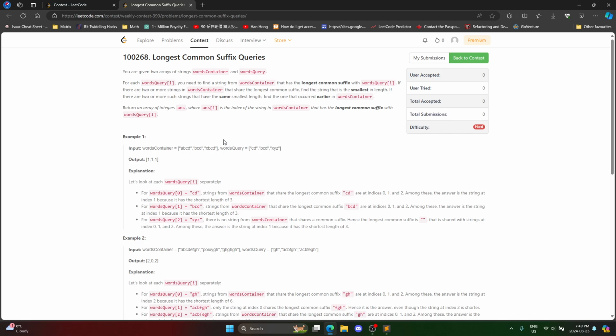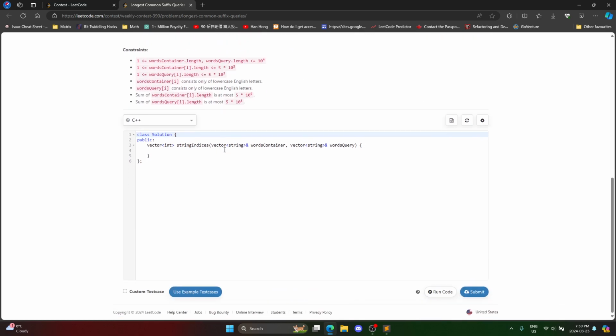That's the longest common prefix. Longest common suffix. That's gonna be a pain.